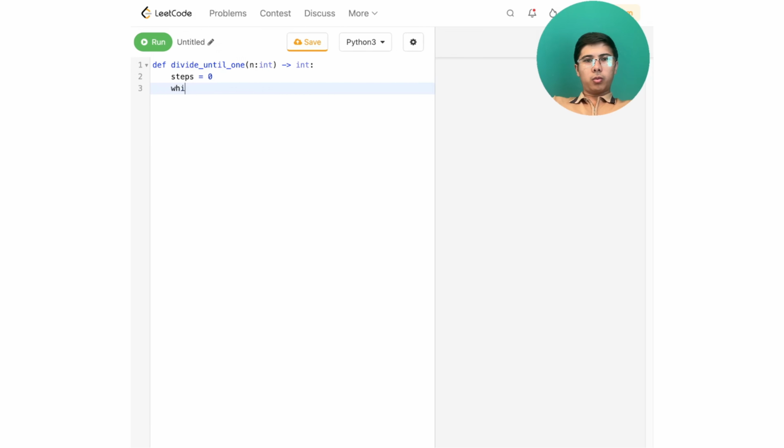and we write a while loop, while n is greater than 1, it needs to work continually, and we integer divide n by 2, and n is set to the divisor part, and we have steps plus equals 1, and we need to return the steps as well.